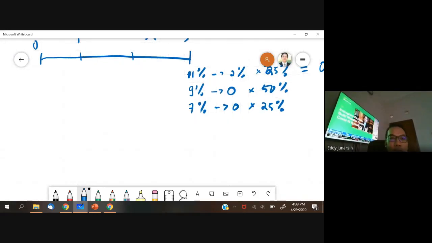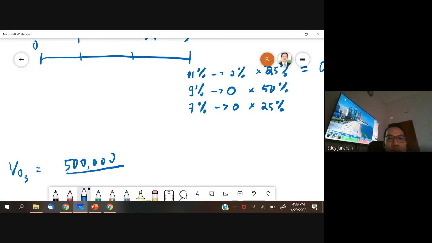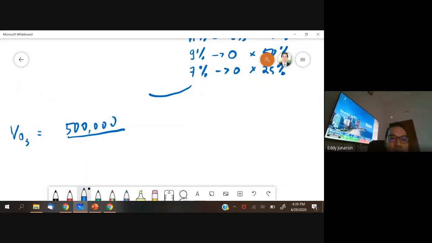So what is the value right now? So the fundamental value of the option in year 3 would be 500,000 divided by, so we find the present value, right? Here, what is the interest rate there? 1 plus 11%.